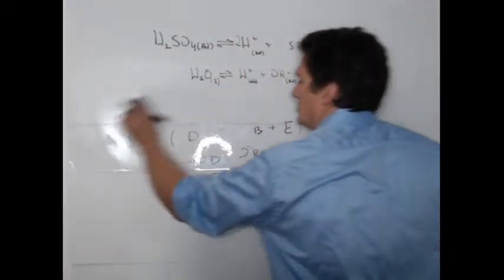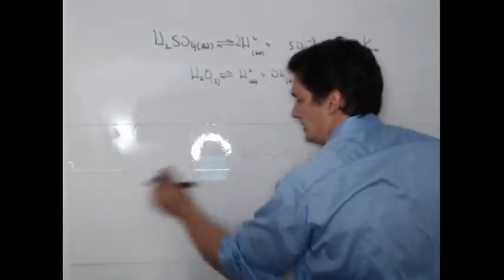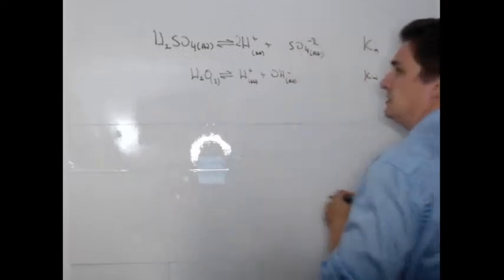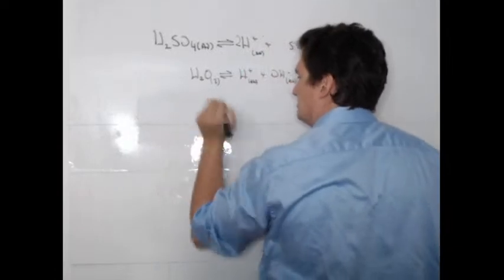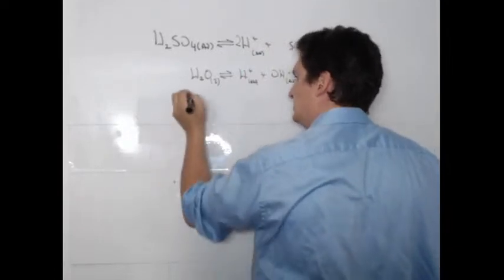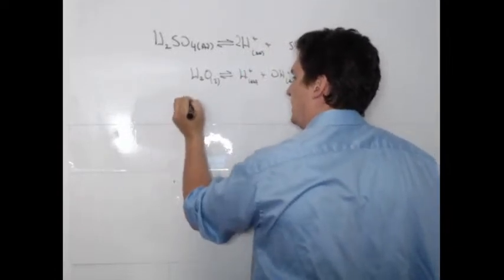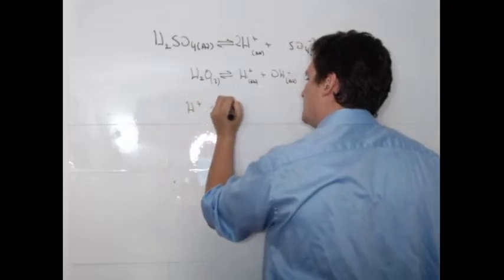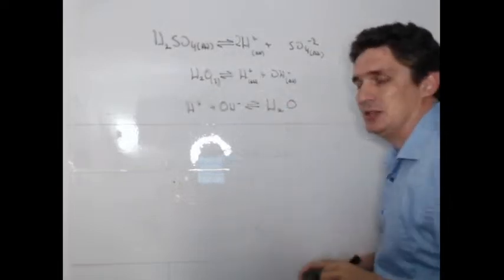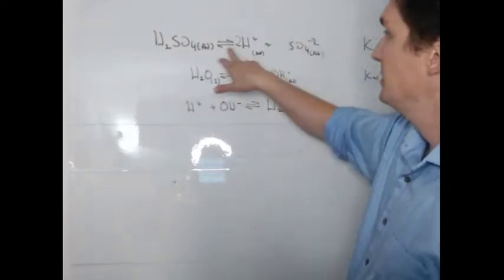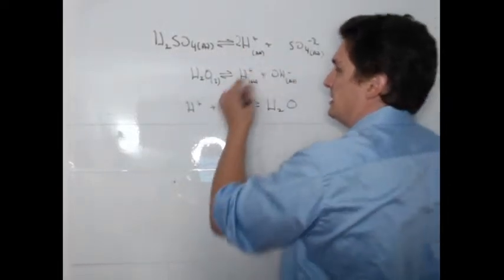So when we subtract a reaction, that's the same thing as reversing it. So if I were to subtract this reaction, I'd have H plus plus OH minus goes back and forth to H2O. And if I want to get rid of both H pluses, I would do it twice.